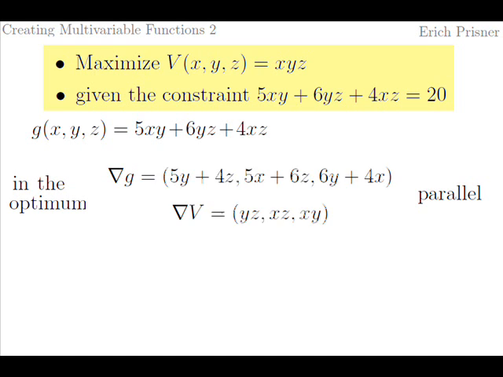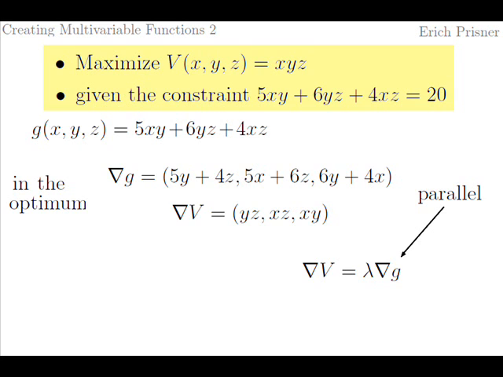These gradients are as follows. The gradient of g has components 5y plus 4c, 5x plus 6c, and 6y plus 4x, and the gradient of v has components yc, xc, and xy. Therefore, the gradients being parallel, the gradient of v must be a multiple of the gradient of g, so gradient of v equals lambda gradient of g for some lambda.